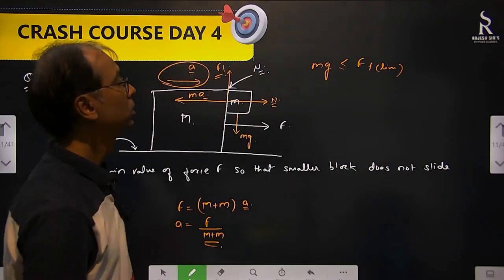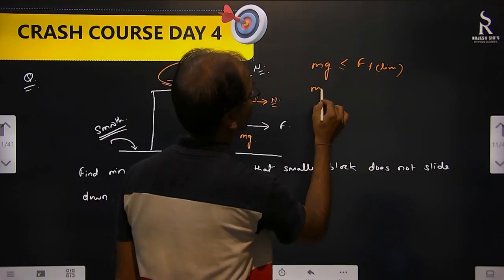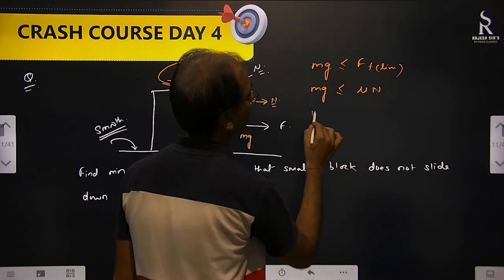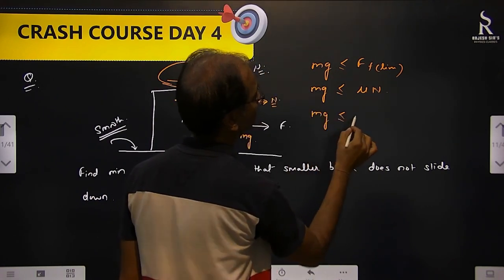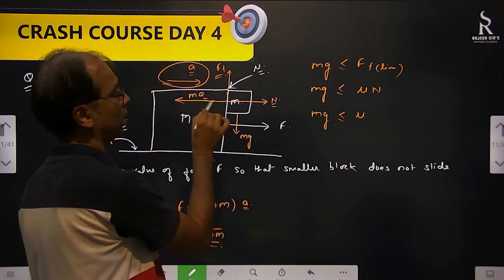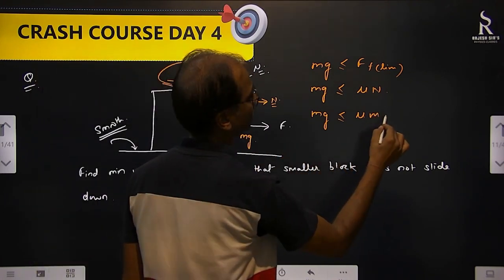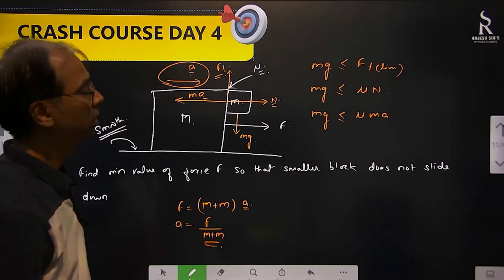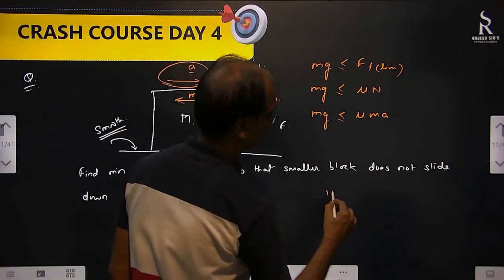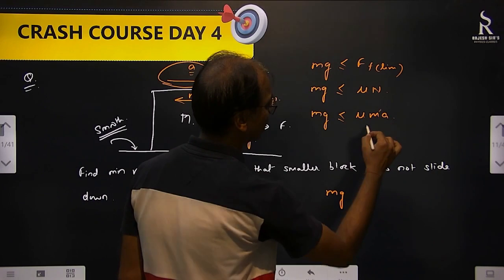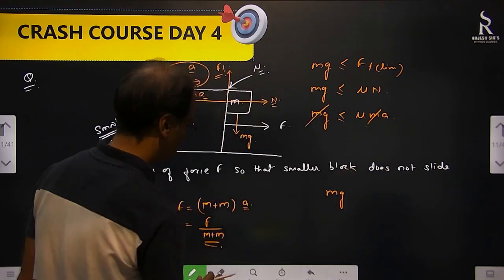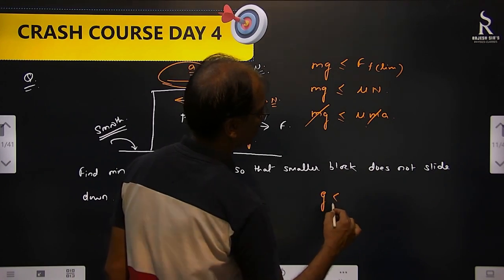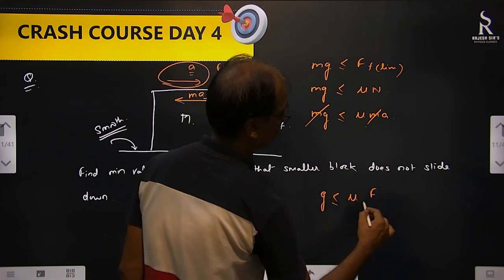So then mg should be less than or equal to mu N. And N is what? MA. Now this is the A value. Let's put it there. So in mg, m we can cancel first. Then what we have? g less than or equal to mu F by (M plus M).